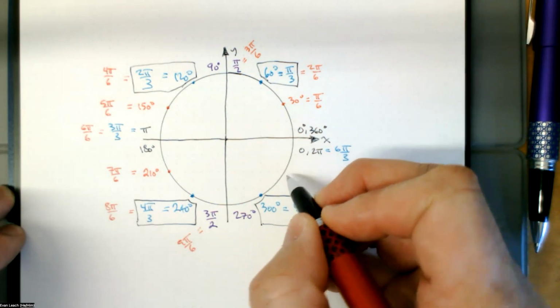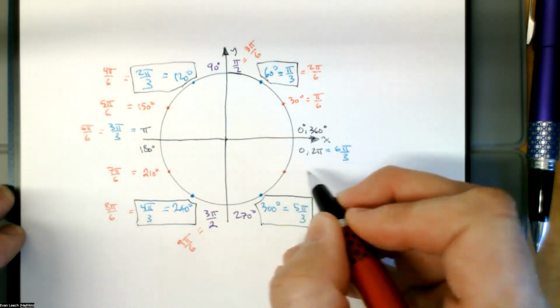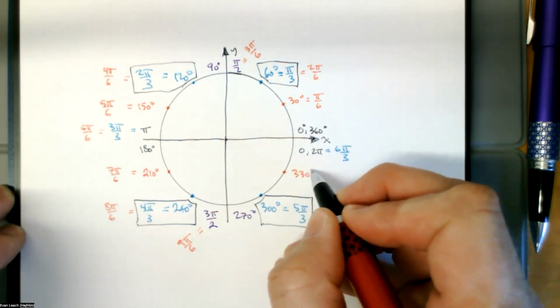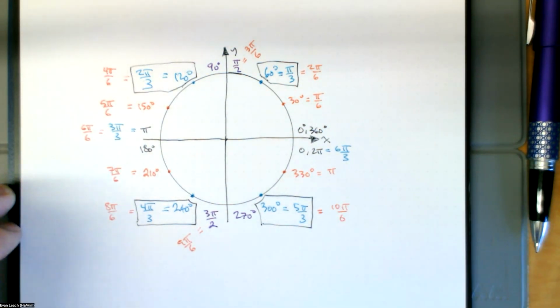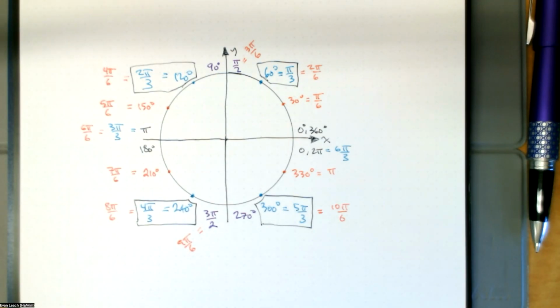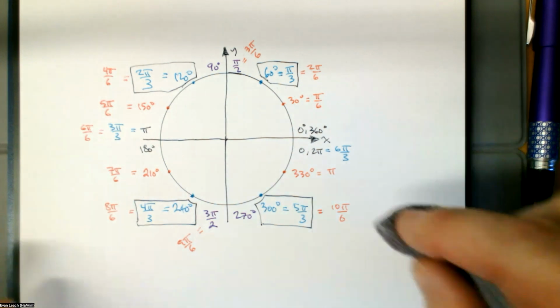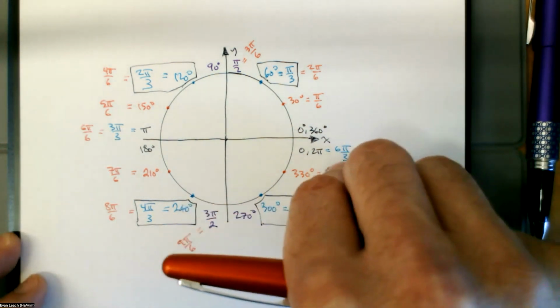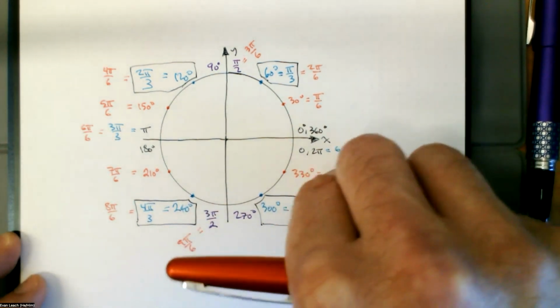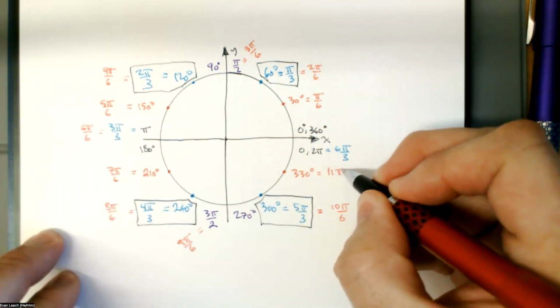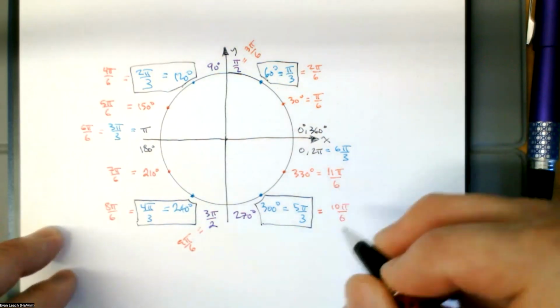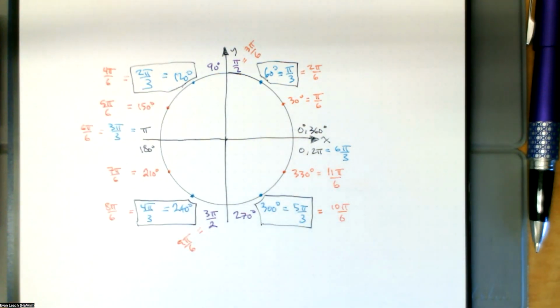But when we get to 11 pi over 6, halfway down, hit the circle at 330 degrees, there's 11 30s. So 330 is 11 30s or 11 pi over 6.